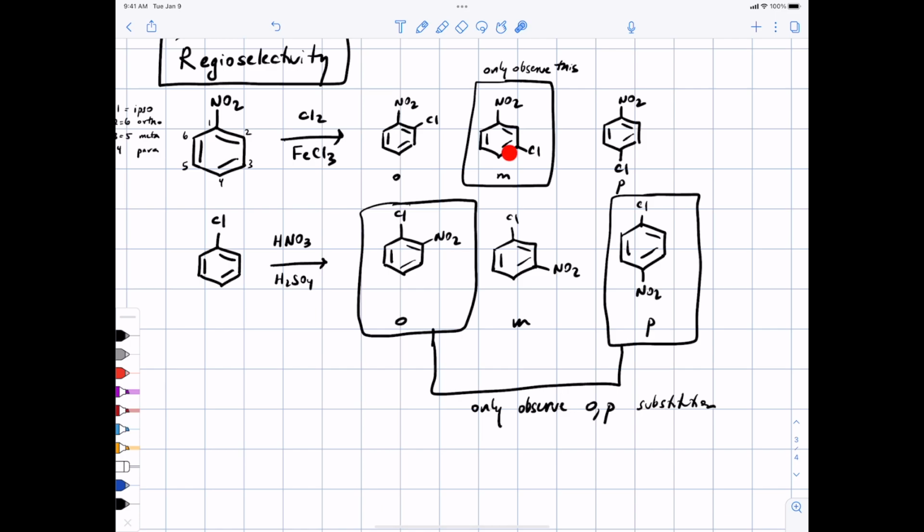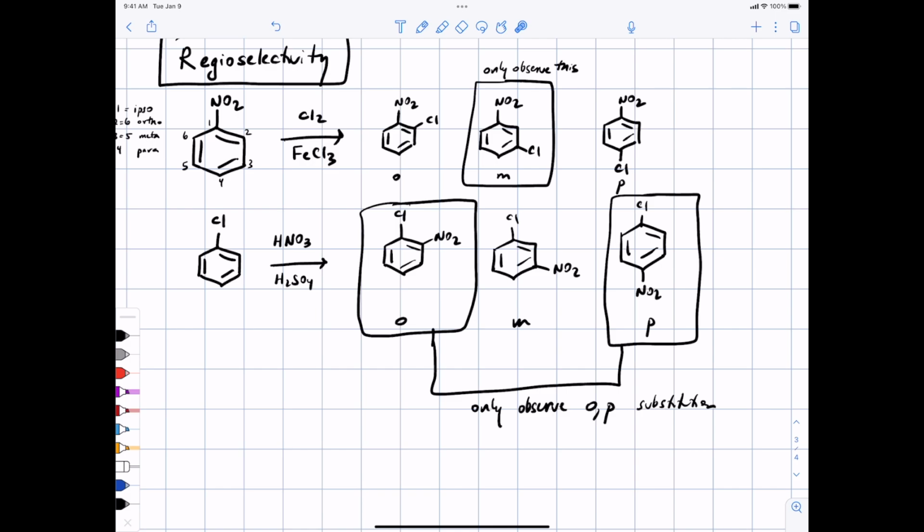Right, but between the two, if I start with a nitrobenzene and do chloro, I'm going to get meta. If I start with a chlorobenzene and do nitro, I'm going to get ortho and para. Will the set where I'm doing chloro and nitro, the two ways, always produce all three when I go to different sets?